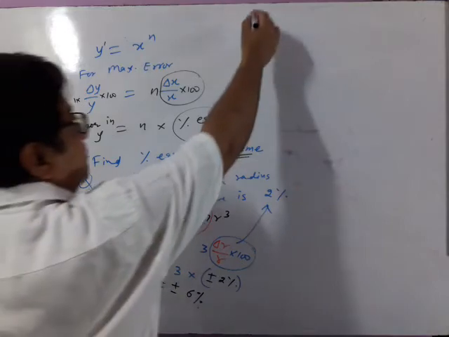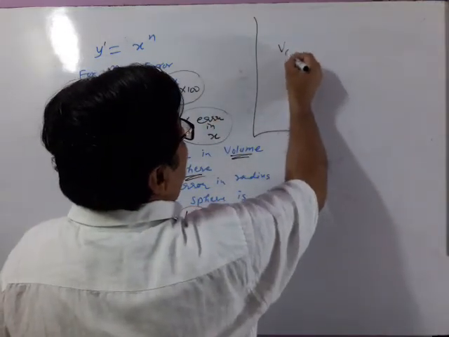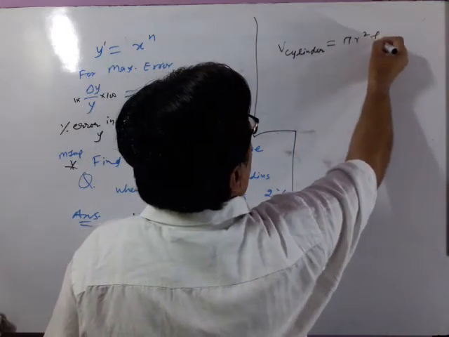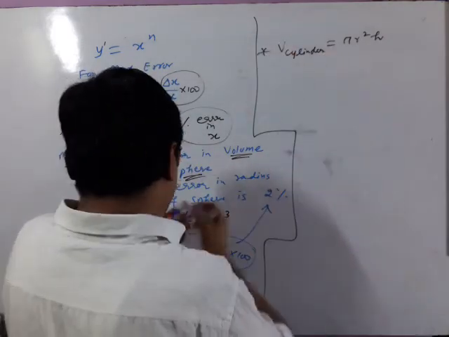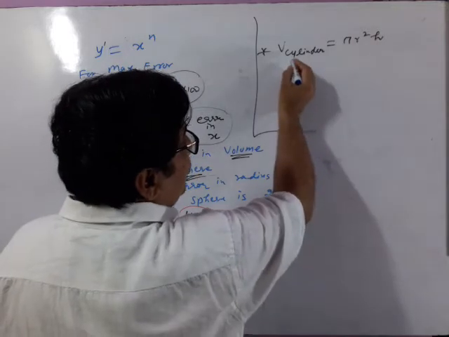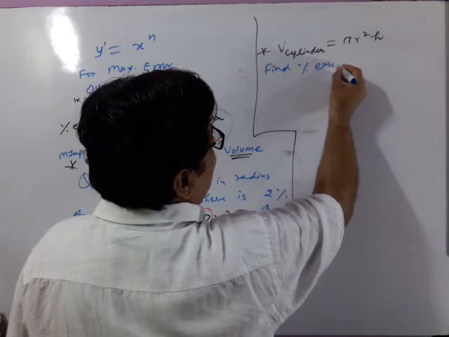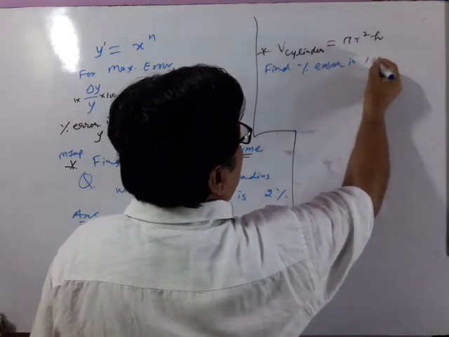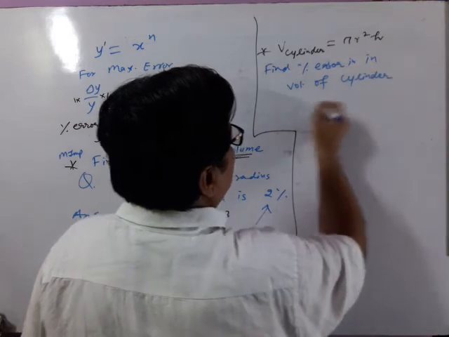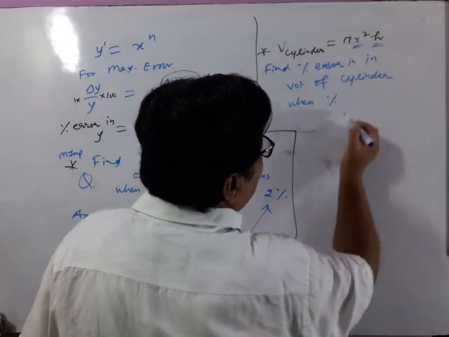Now you see there are so many formulae known to you. Volume of cylinder is pi r square h. You may be asked this question. Designing the question: knowing this formula, find the percentage error in volume of cylinder, when R and H both exist in the formula.